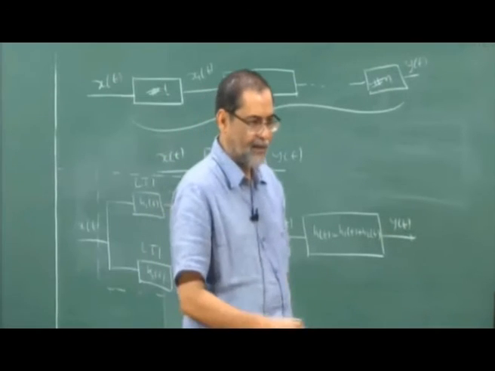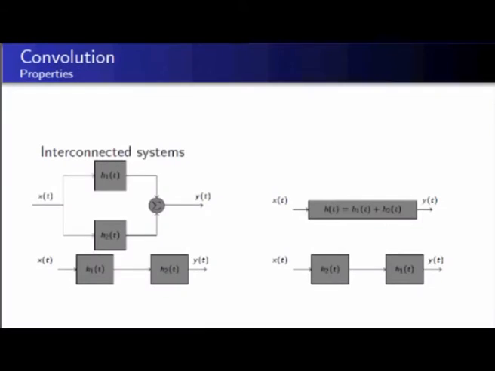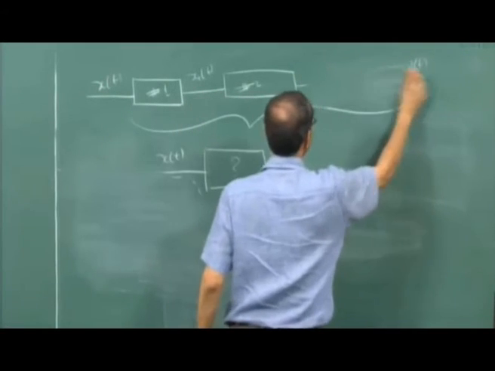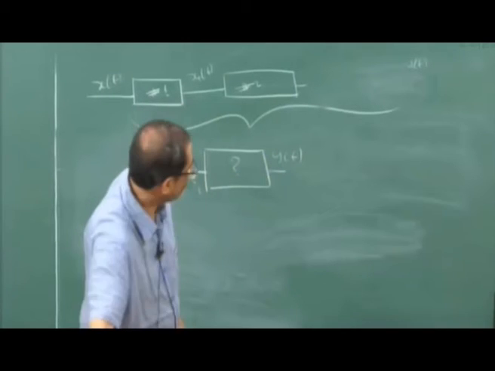Next, I talk about the tandem connection of systems, one after the other, and multiple things are possible. One is if you connect systems one after the other. Let me just take two systems rather than n systems for the purpose of illustration.